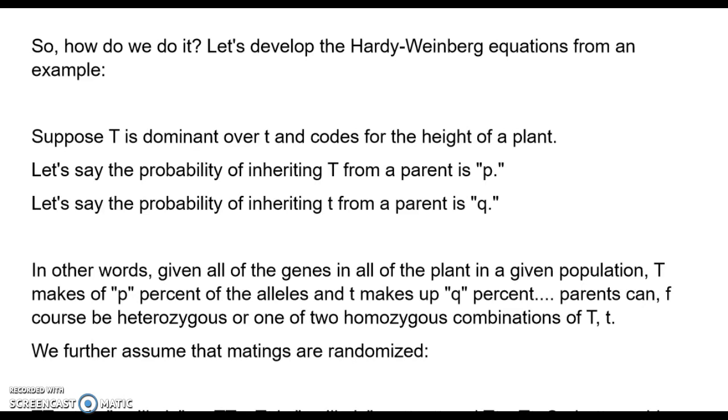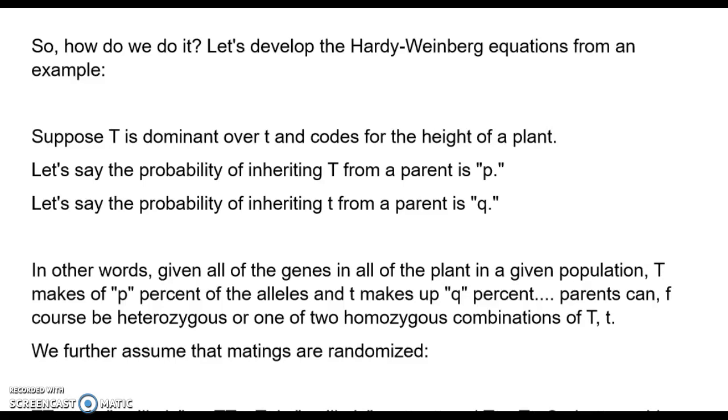Okay. So we'll just start by thinking about a plant that has a gene for tall or short, and it's a typical dominant recessive type of arrangement where big T is dominant over little t, and those alleles code for the height of a plant.